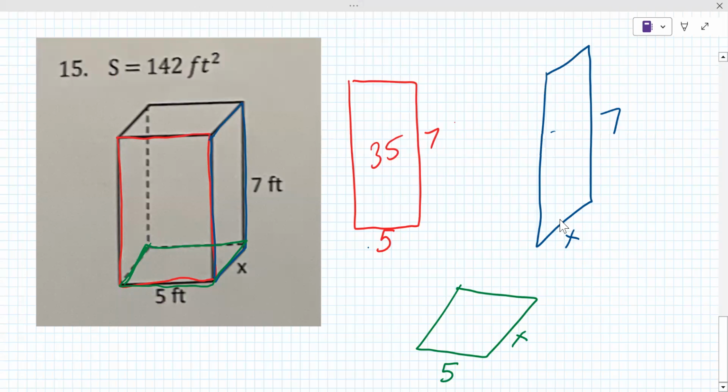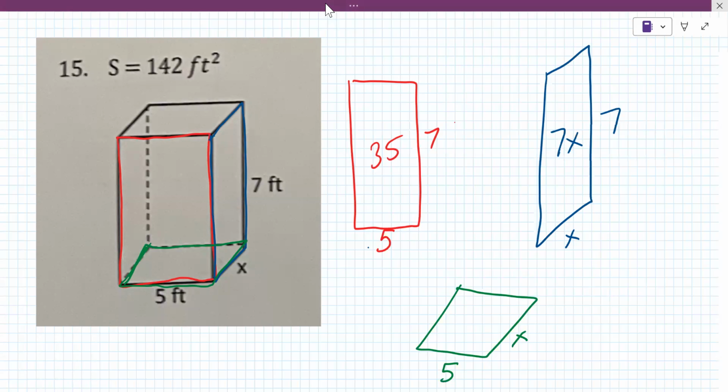Okay, so what's 7 times x? I don't know what the x is. So how do you multiply a number and a variable? You should just write 7x. Okay, good.